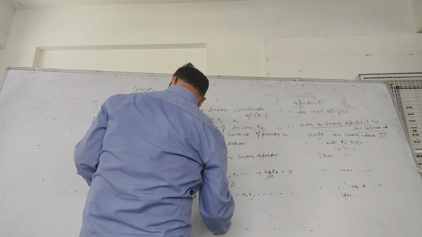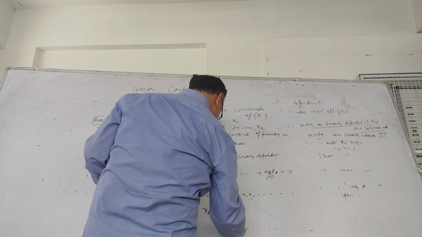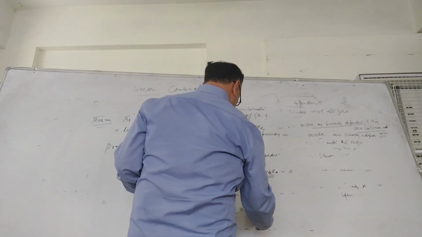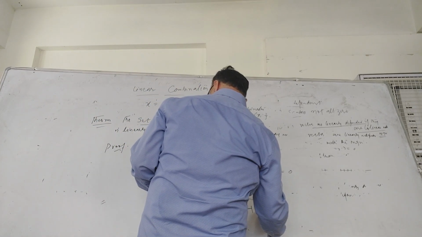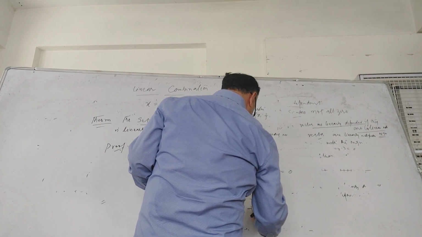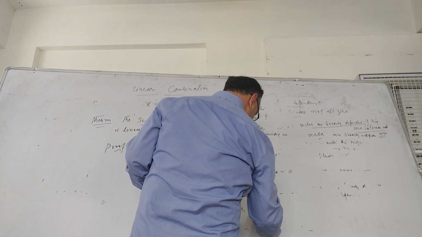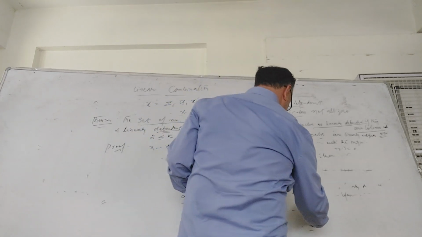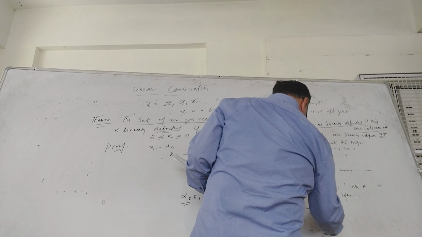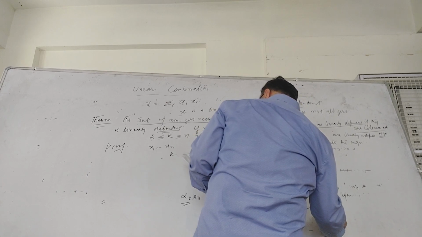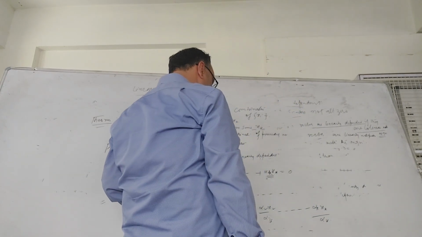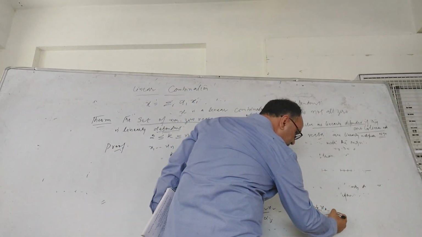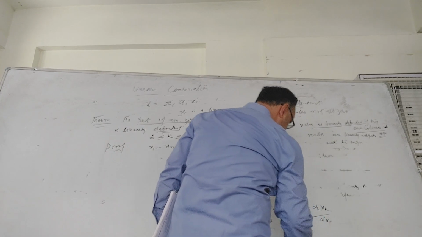So xk is equal to minus alpha 1 by alpha k x1 minus alpha 2 by alpha k x2, and so on, and minus alpha k minus 1 by alpha k x k minus 1. So this is the theorem.